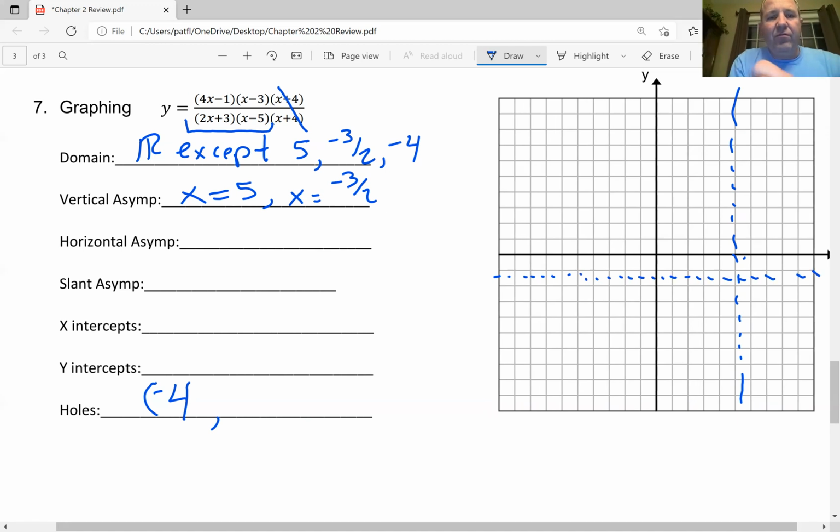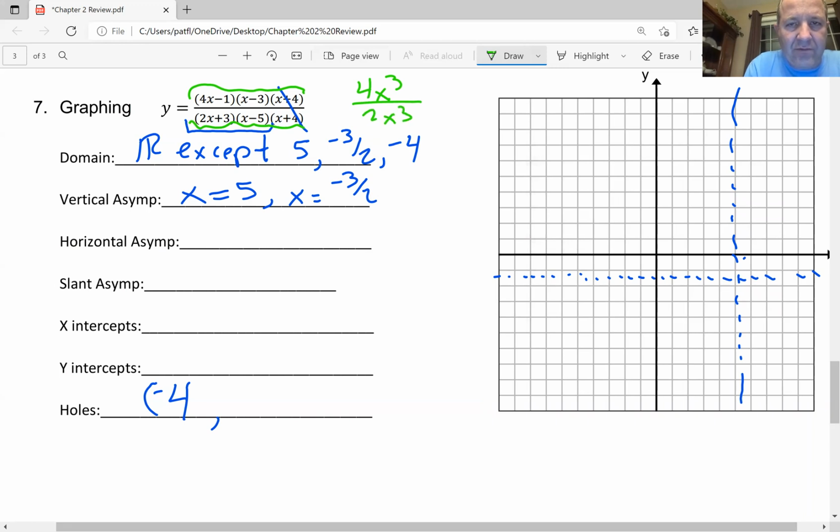Horizontal asymptote, if we were to multiply out this entire numerator, the top would be 4x to the 3rd. And if we were to multiply out the denominator, it would be 2x to the 3rd. Well, they're the same power, so y is equal to 2.